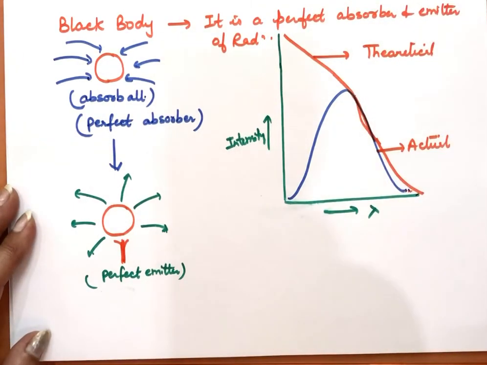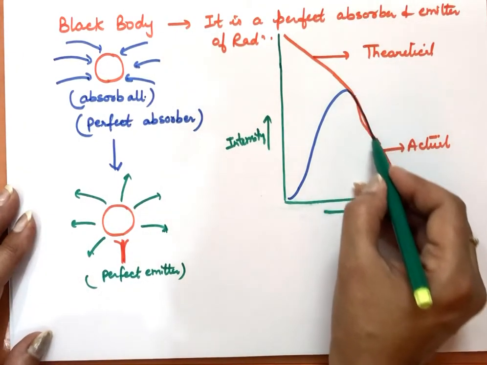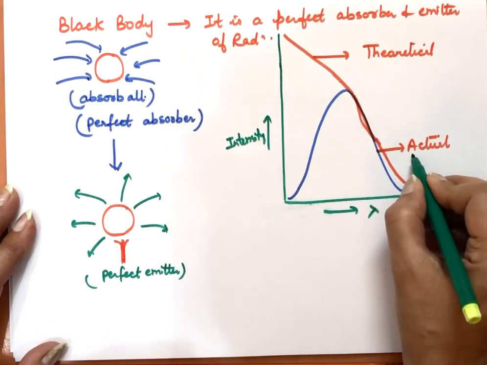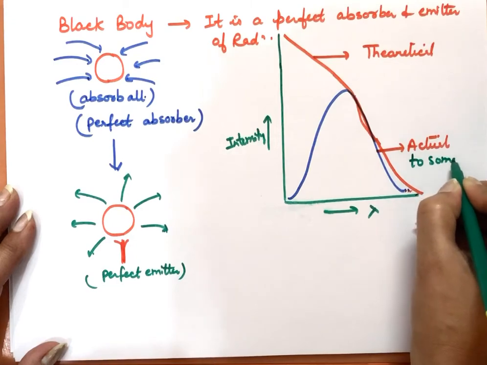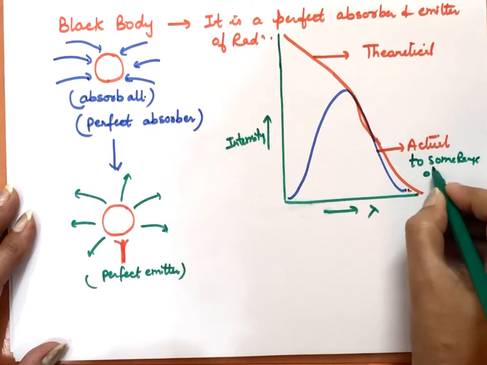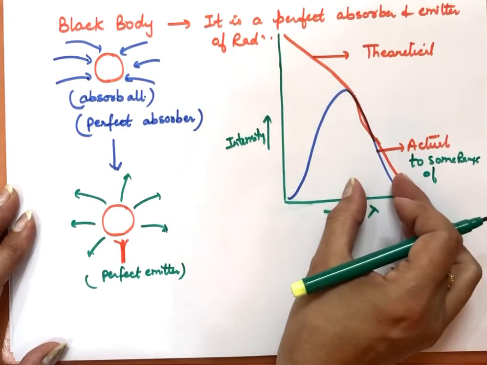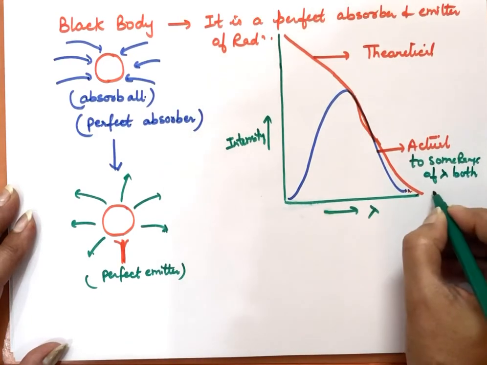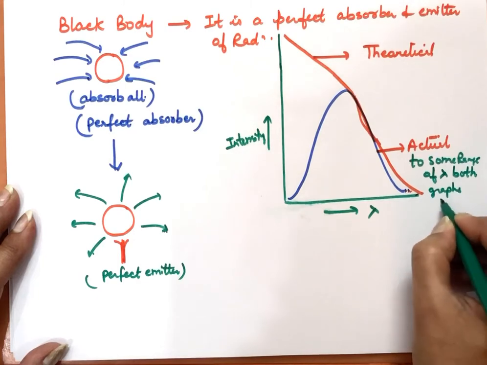For most of the wavelength range, the two curves are just coinciding with each other. So for some range of wavelength, both graphs match.